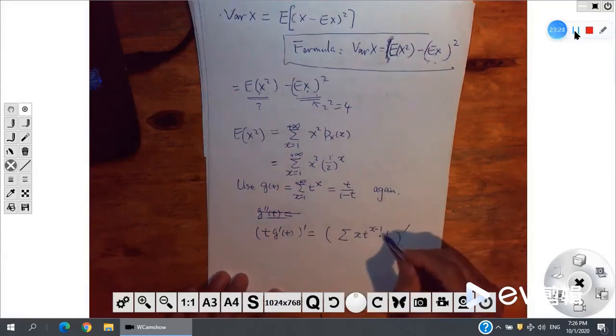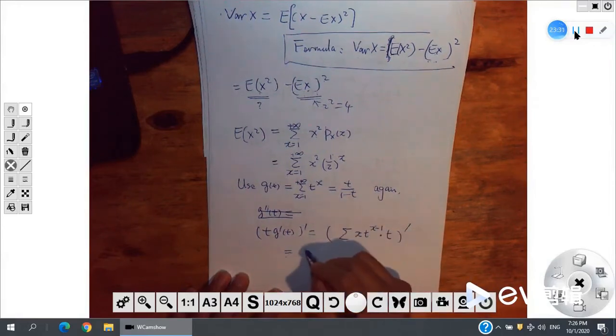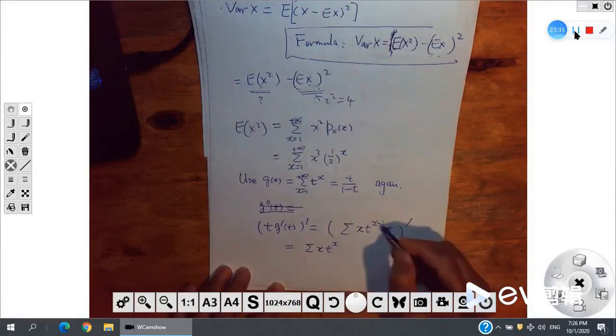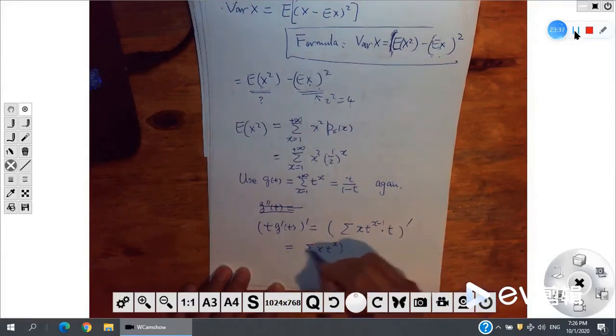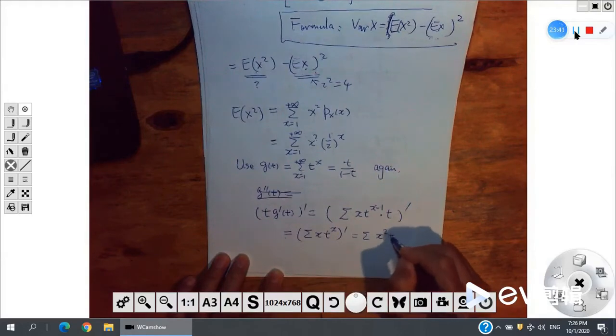So this t cancels with this x minus 1, right? So it's a summation, x times t to the x, and the minus 1 is cancelled by this. Take the derivative, so this is the summation of x squared times t to the x minus 1.